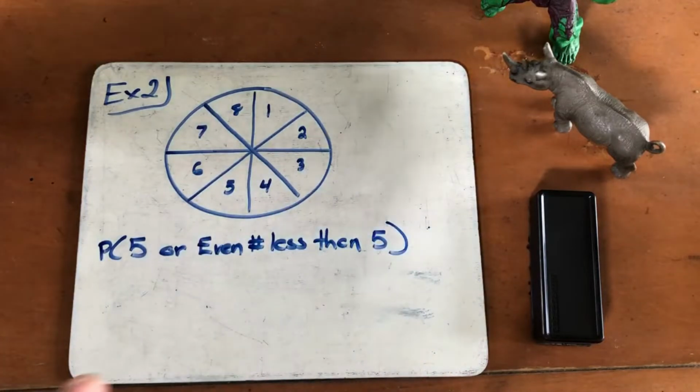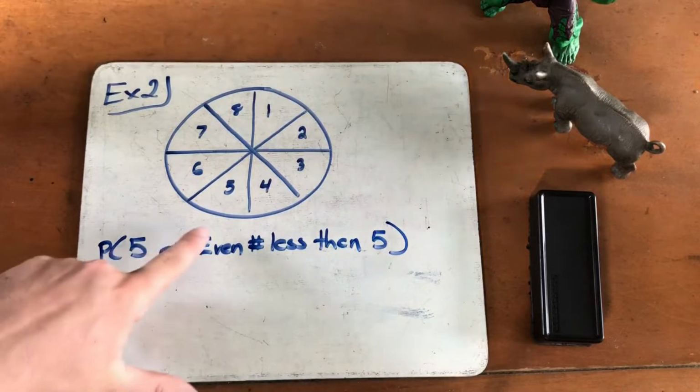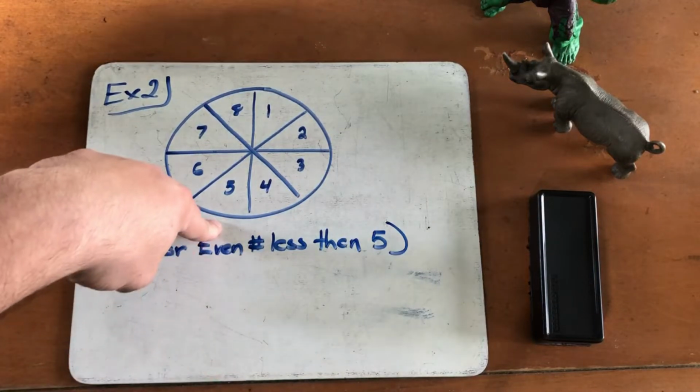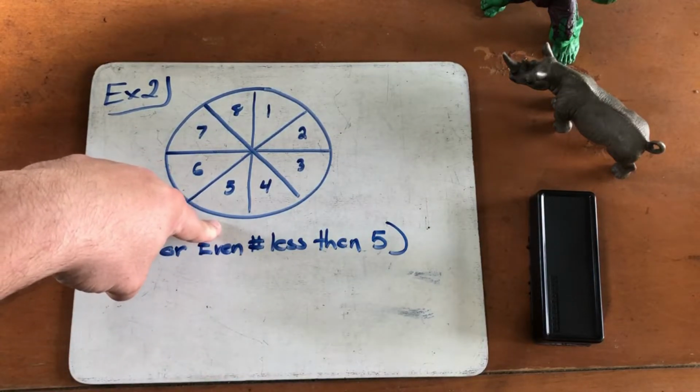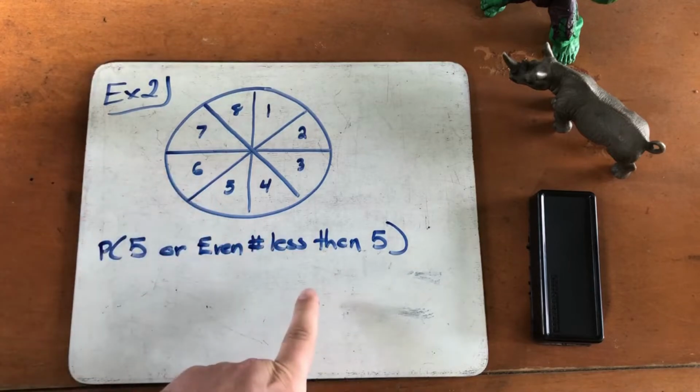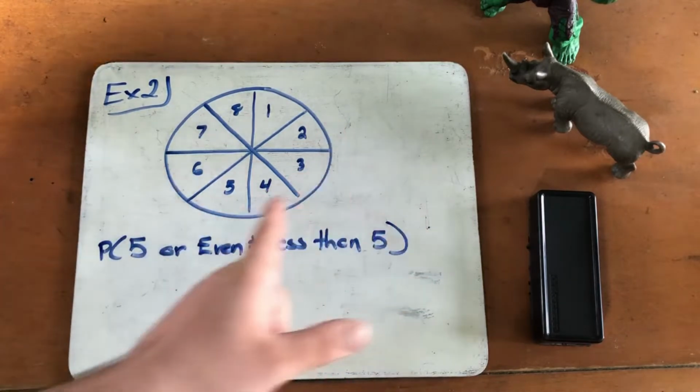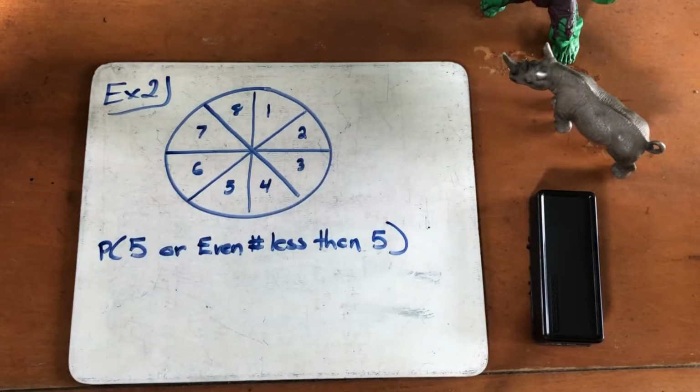So we have two events. We need to check and see if they are mutually exclusive. So I have the probability of spinning and landing on a 5, and then an even number less than 5, so 4 and 2. There is no overlap between 5 and an even number that is less than 5.